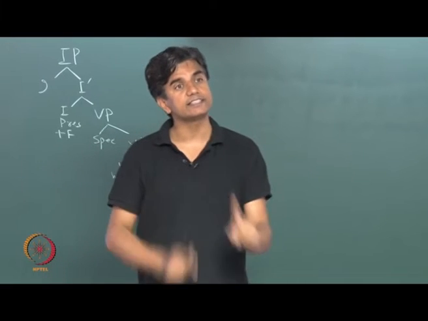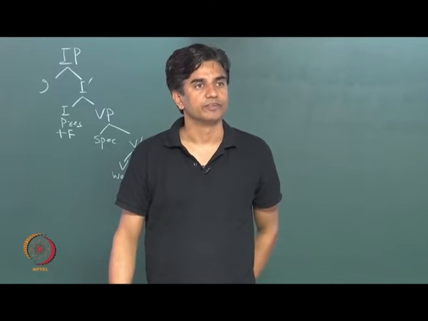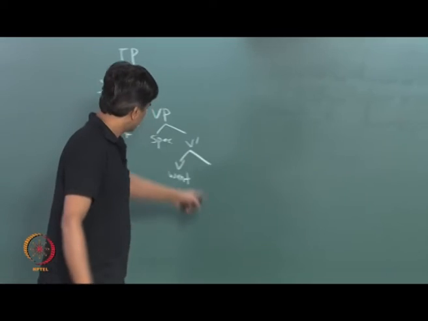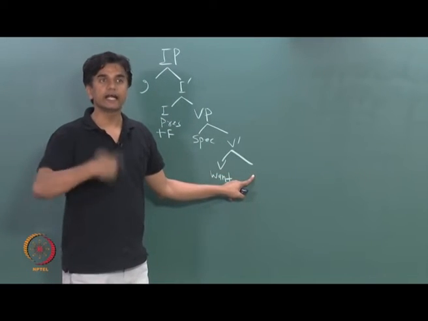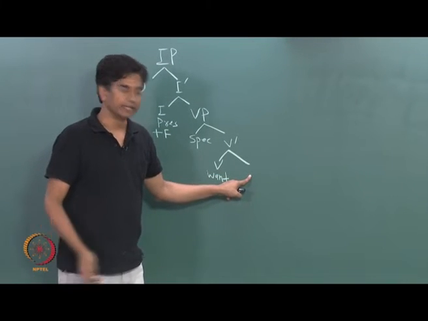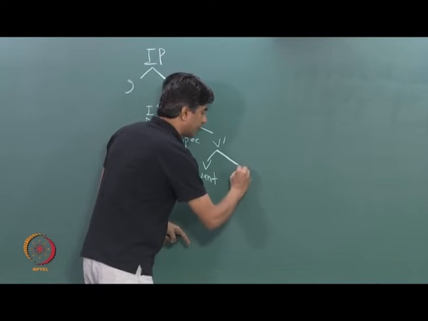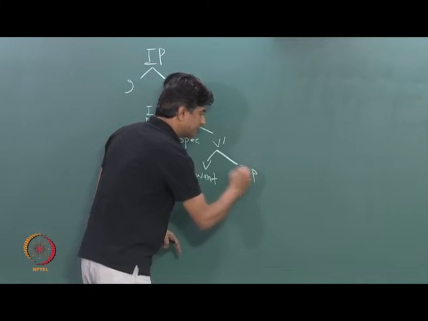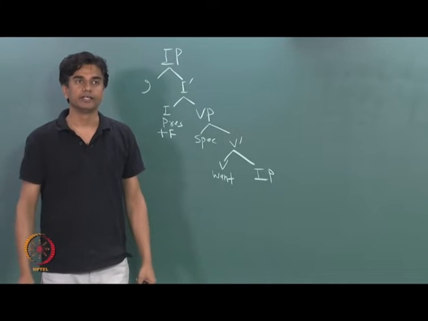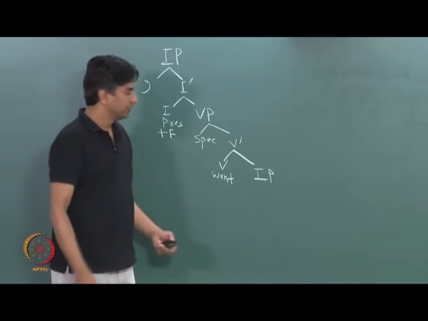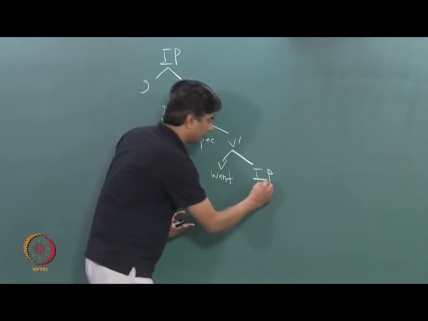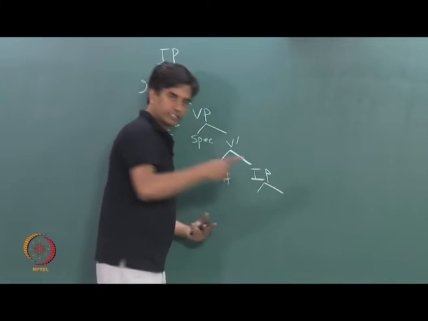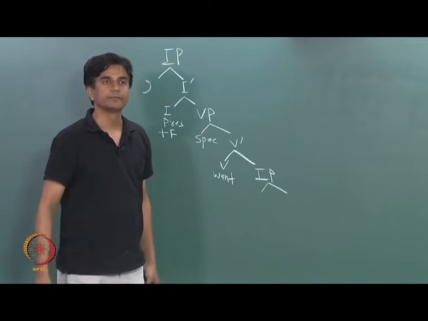But nonetheless, that's a sentence. So, here we are going to say it's an IP. It's not a full, good looking IP, but this is an IP. All right? But let's draw this and then you will see further problems.